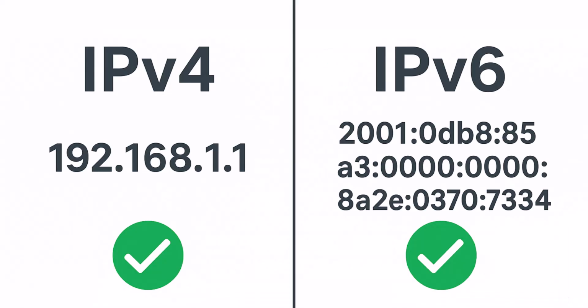Hello guys, so in today's video I'm going to be showing you exactly how to do auto rotation with IPv4 and IPv6. Most of you, whenever you purchase a VPS, it normally comes with IPv6, but 99% of the time you ignore it.